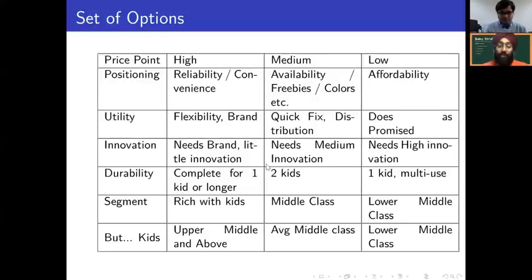Which means that the upper middle class is also willing to buy a product that you might have only for the high income group. Because people are aspirational for their children. People want to spend more, right? Similarly, your average middle class will also buy your medium product. The lower middle class and above will get your affordable product, right?